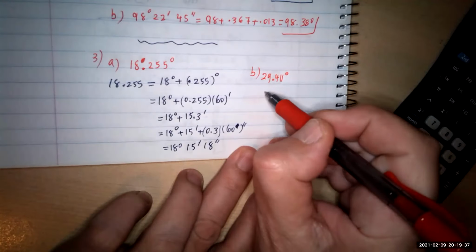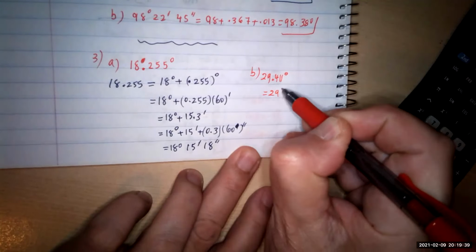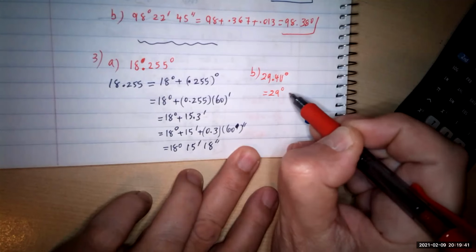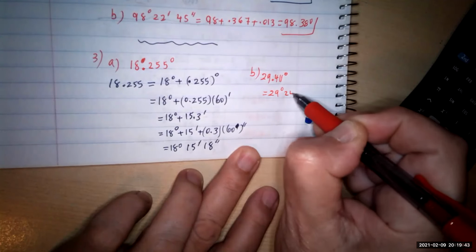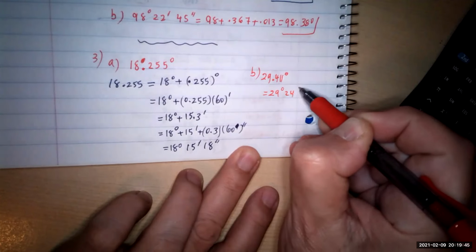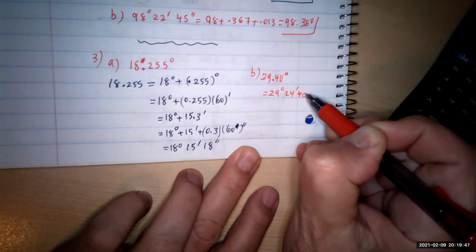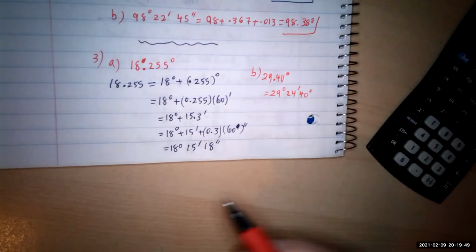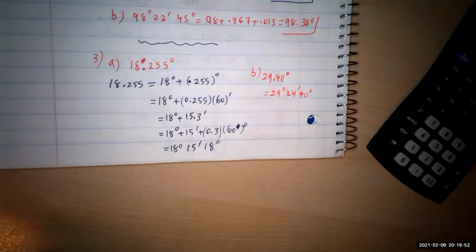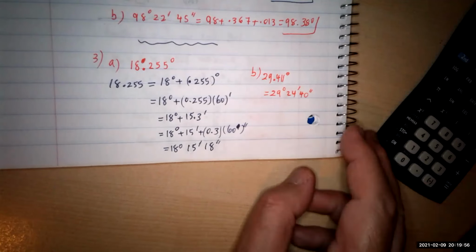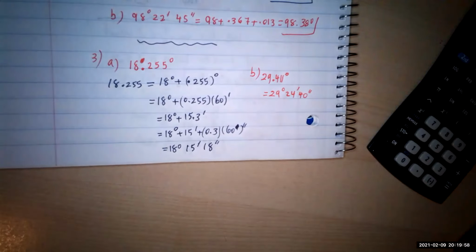If you do it, it's going to be 29 degrees plus 24 and 40 minutes. I write down just the final answer, so check it and get the same correct answer. Any question? So that's these preliminaries that we have.